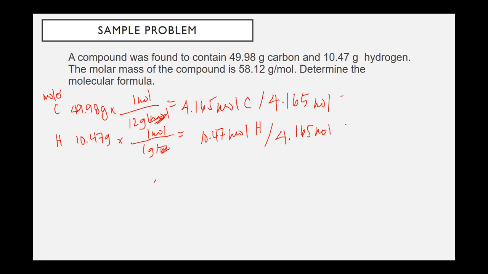So, ayan. The coefficient now is 1 for carbon. And dito naman, 2.513. But since sabi nga natin, kailangan na siya ay nasa whole number. So, let's try multiplying this to 2.